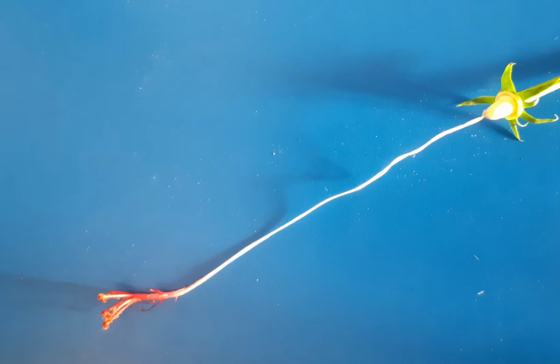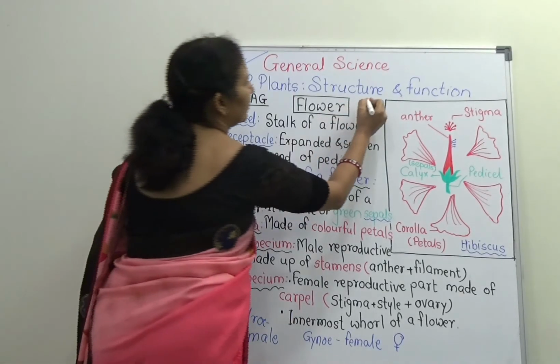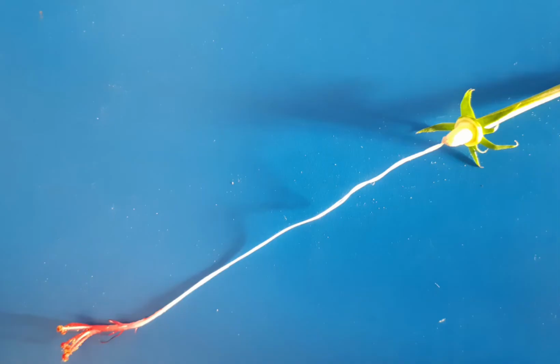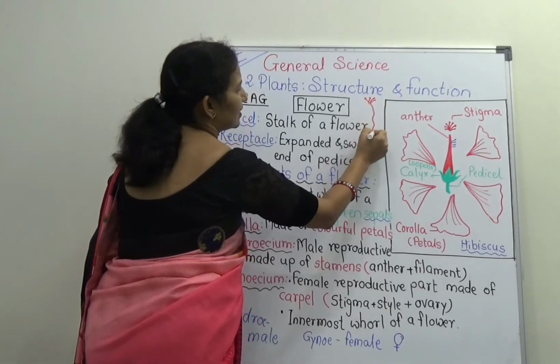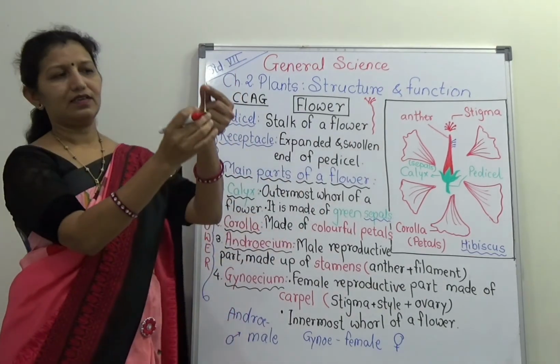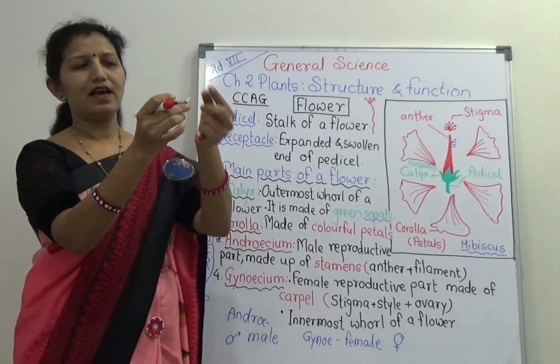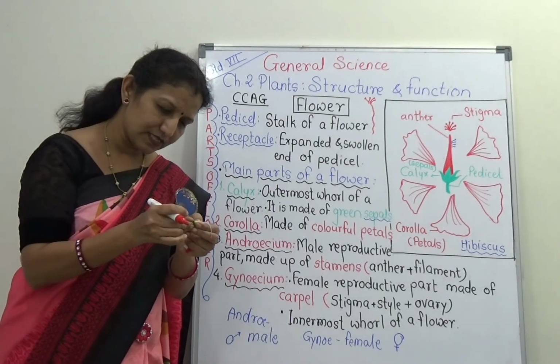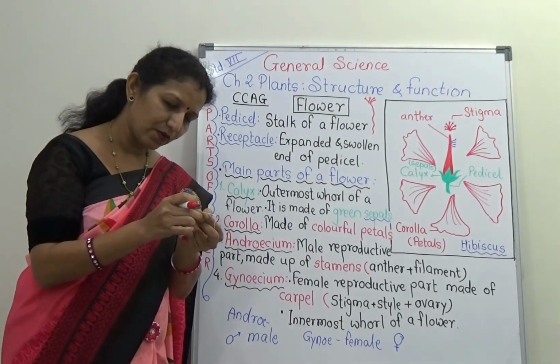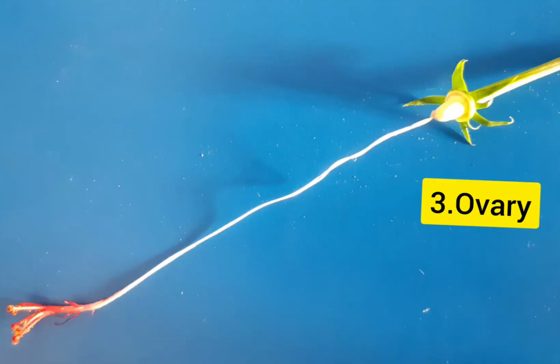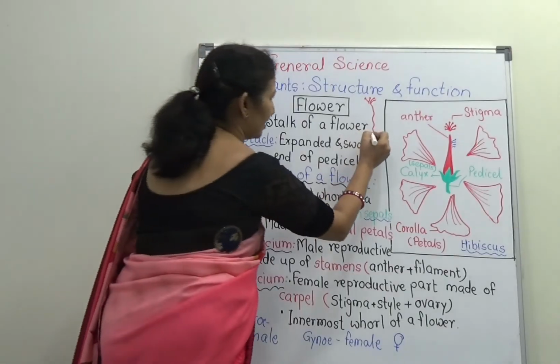See, this is red colored stigma here, and this is style. See, this one is style, and at the base of this style there is ovary.